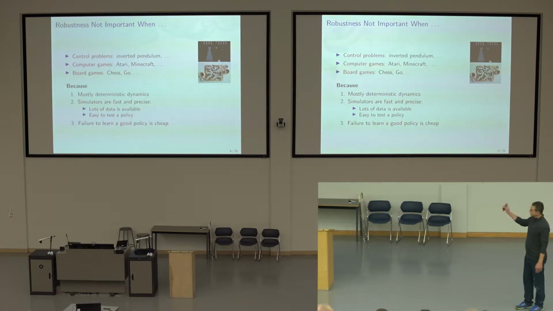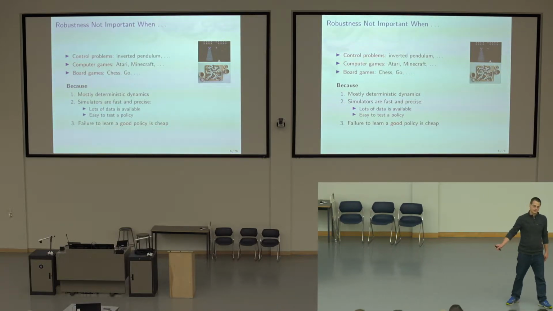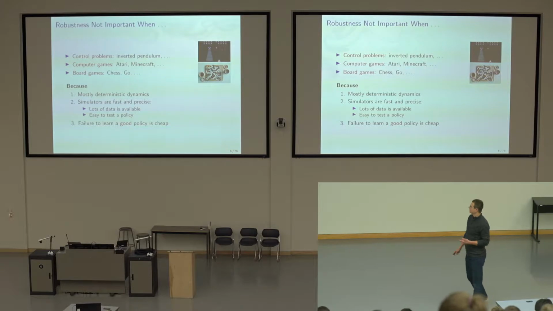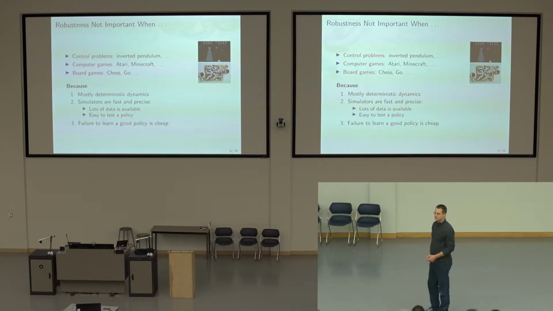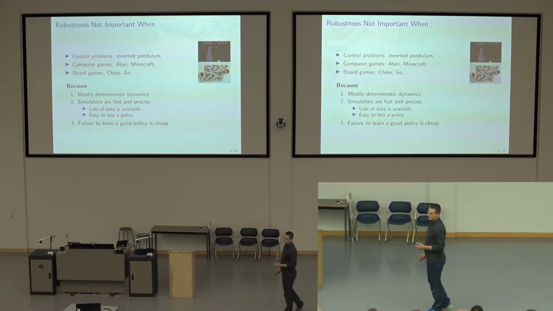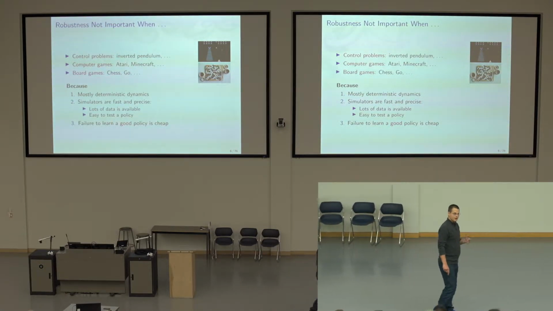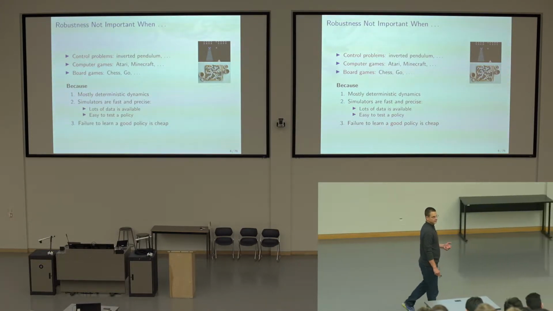Well, most of these problems that we solved so far are deterministic. We know the dynamics. For Atari games, it's a deterministic problem. We have a simulator. The simulator is very precise, does exactly what we want it to do, and it's also very fast. We can get lots and lots of samples.